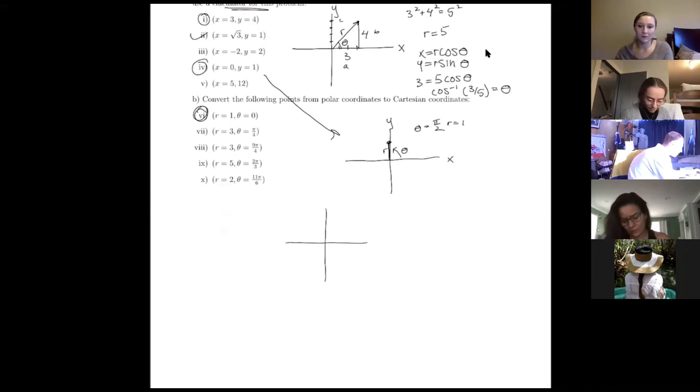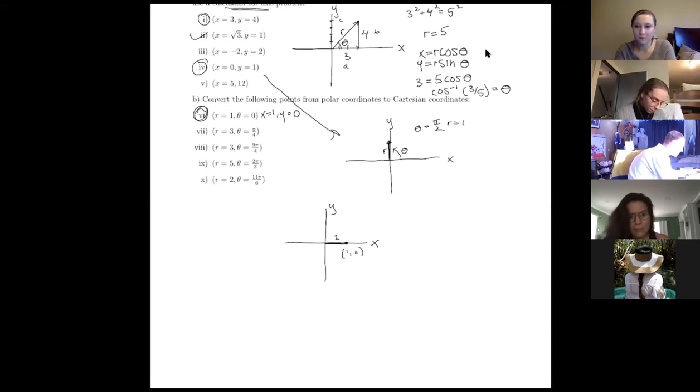The fact that theta is 0 means that you didn't move any from the positive x-axis. So it's just like this, and this is 1. Once you've drawn it out, all you do is put your x and y and look at where that point is. So this point is at 1, 0. So x is 1, y is 0.